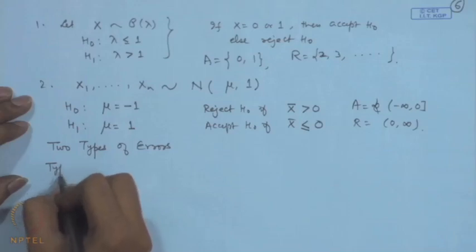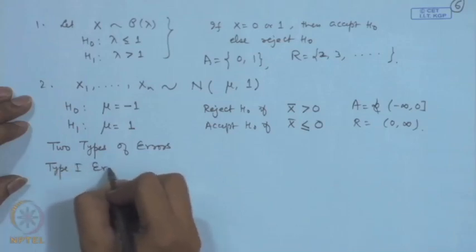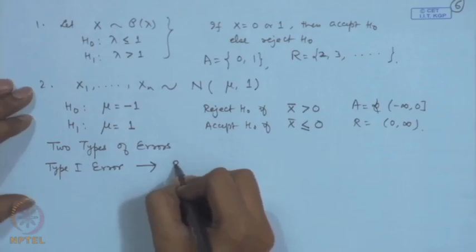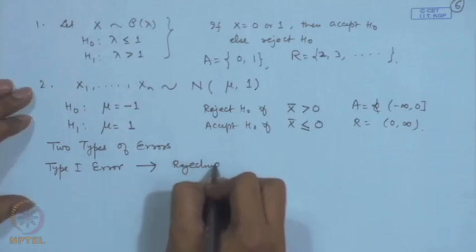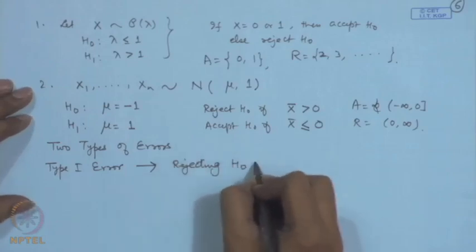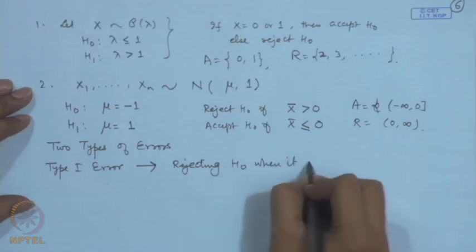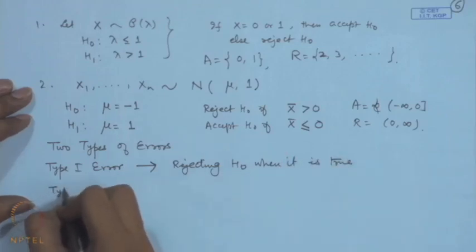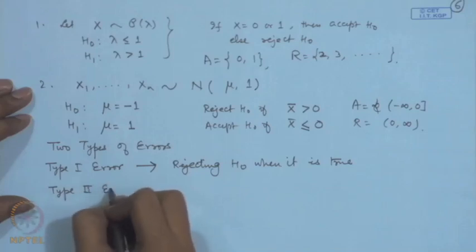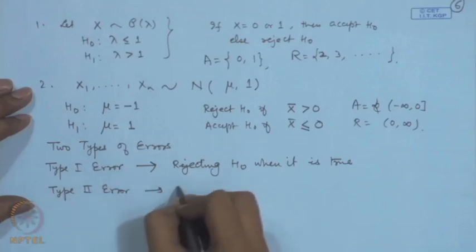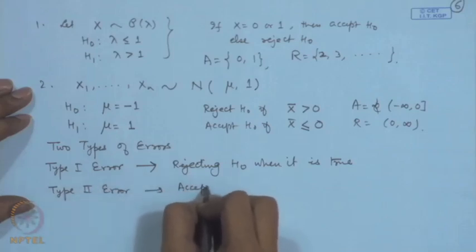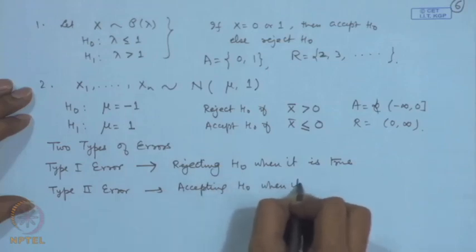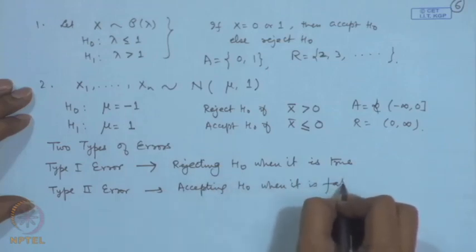They are called type 1 error and type 2 error. Type 1 error is rejecting H naught when it is actually true, and similarly type 2 error is accepting H naught when it is false.